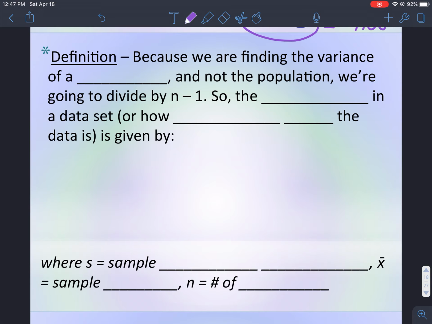We're finding the variance of a sample and not the population. Okay? So the variance in a data set is going to be given by s squared.